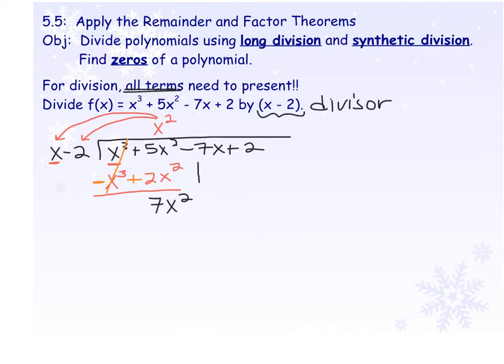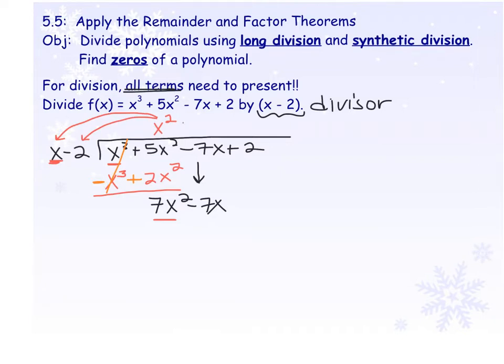And then we drop down the next term, minus 7x. We complete this process until all the terms have been accounted for. Again, have your first term on the outside underlined, and now let's underline the first term on the inside. What could we multiply x on the outside by to equal 7x squared on the inside?